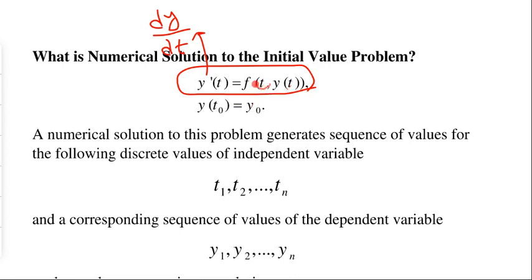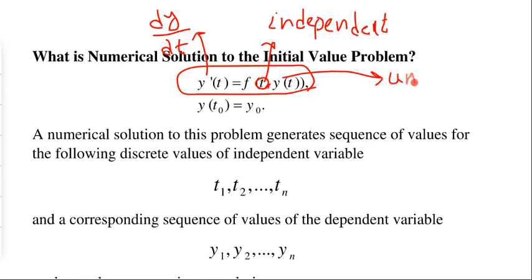Here, t is our independent variable, and y is our unknown solution.